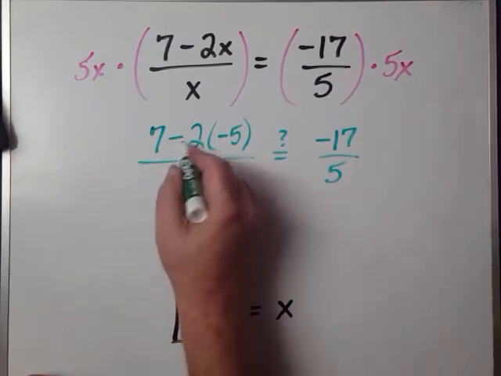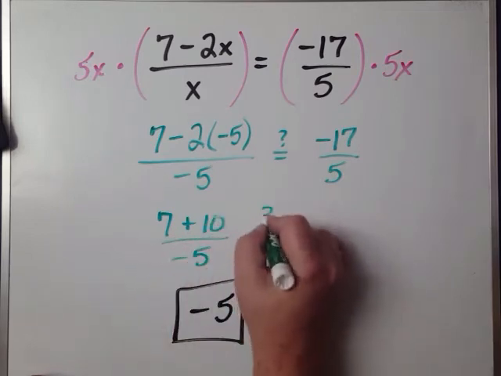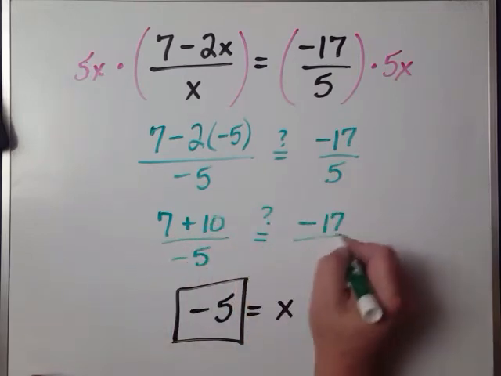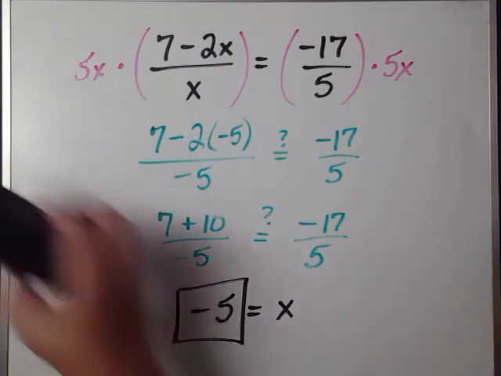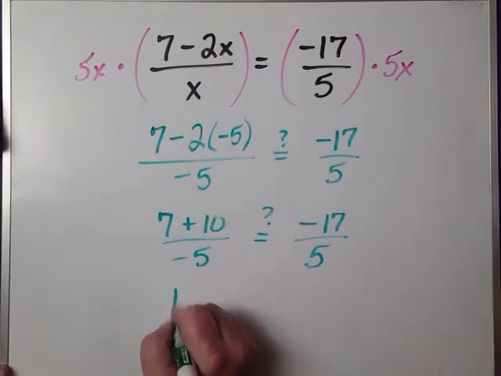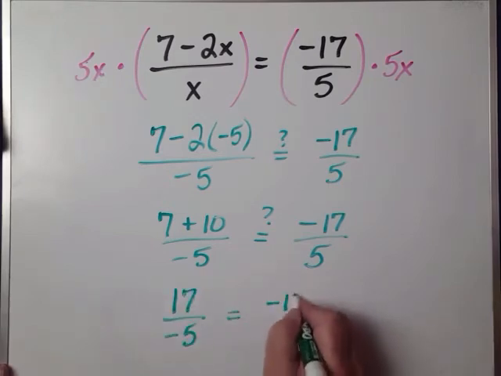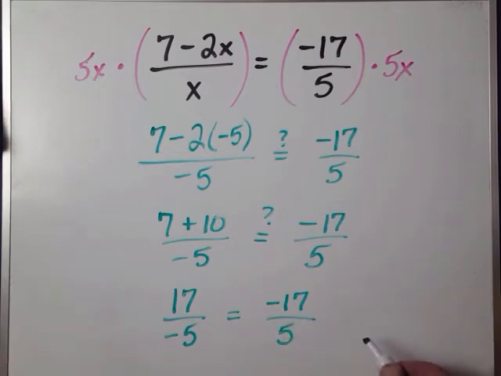That's 7 and now plus 10. And 7 plus 10 is 17. 17 over negative 5, that's certainly equal to negative 17 over 5. Those are both just what? Negative 17/5. And so that checks.